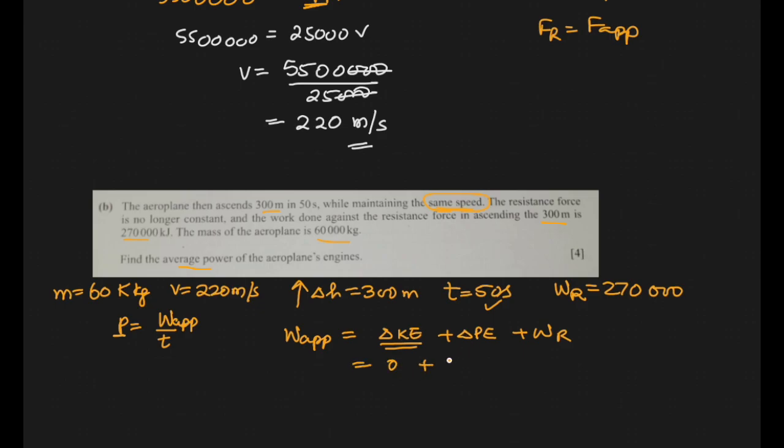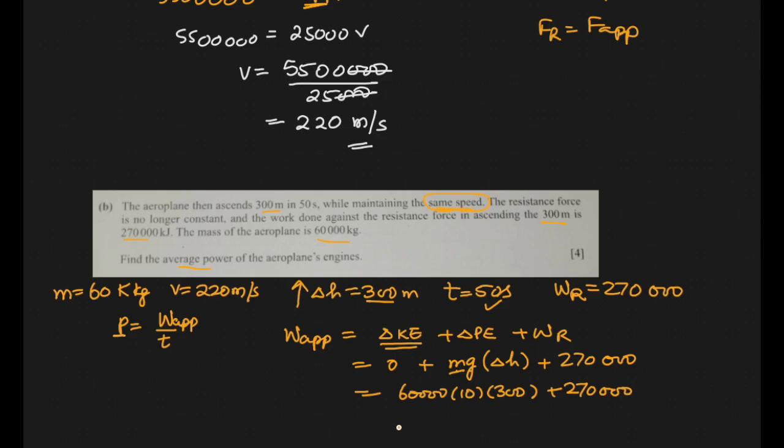Okay. Potential energy will be mg times the change in height. So we know change in height is 300 meters, and we know g, we can find this, and work done against resistance is 270,000. So we'll just place m, which is 60,000, g is 10, and height change is 300 meters, plus 270,000.